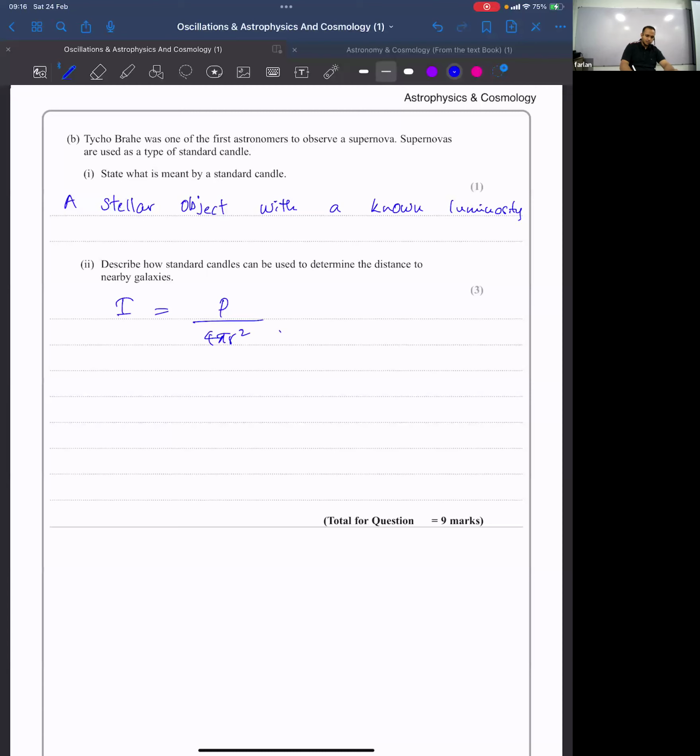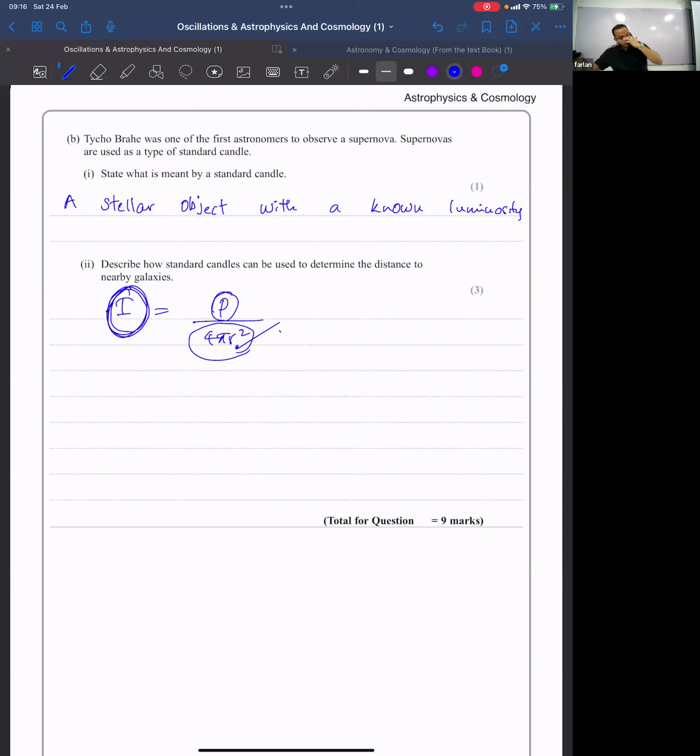So if you know the intensity which is falling on the Earth, using the inverse square law, since P is known, we can find the r. We did some calculations to find the distance when the luminosity is known.